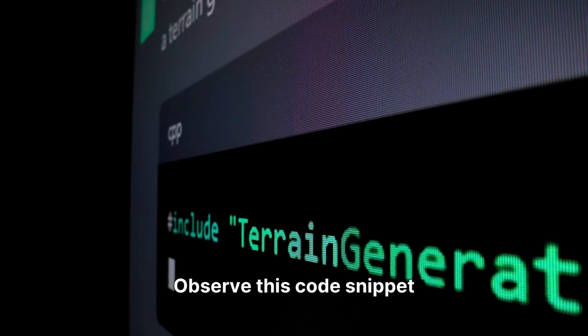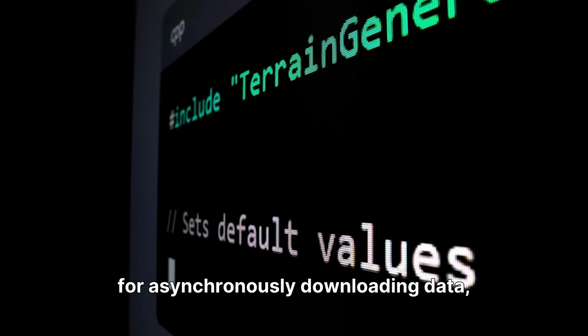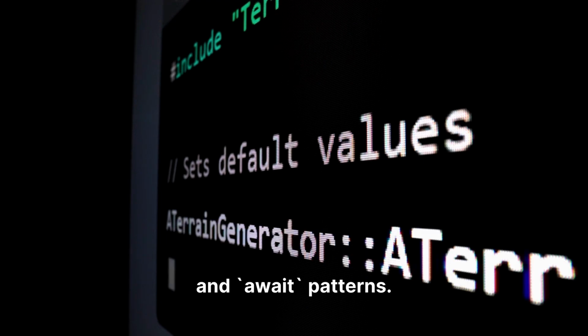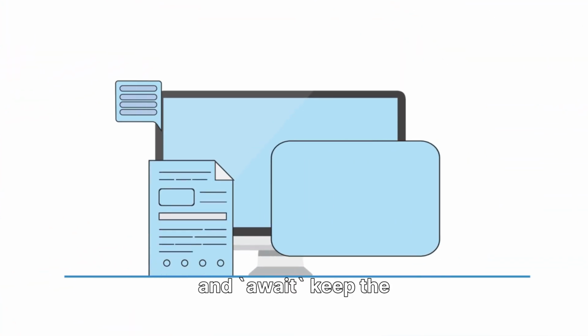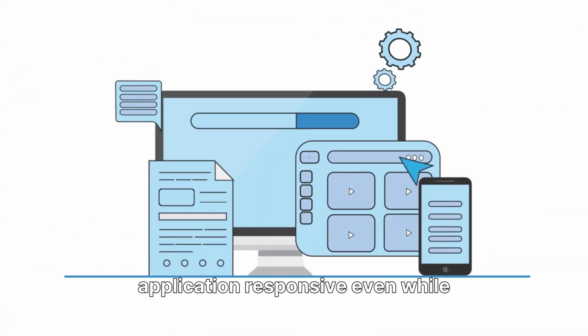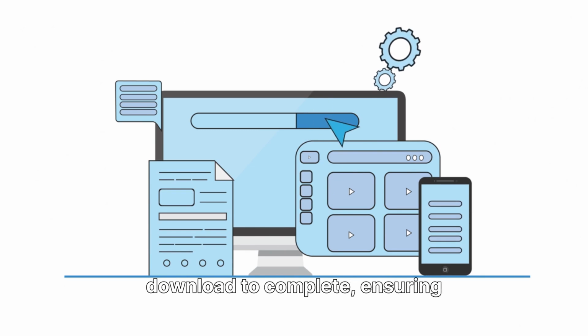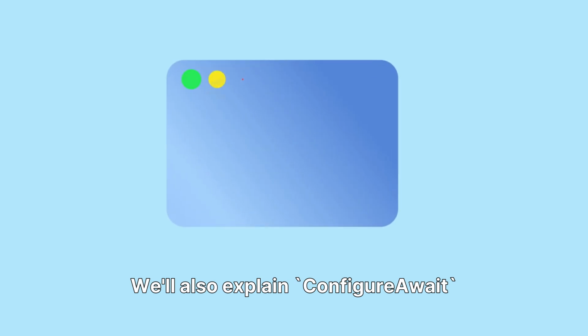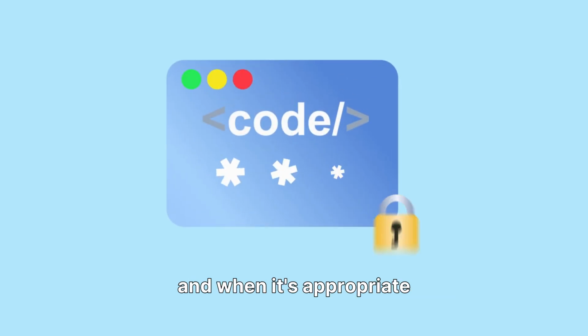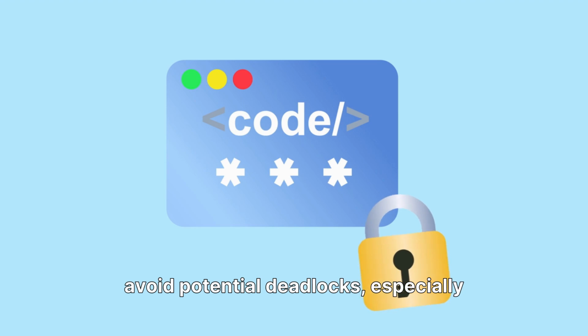Observe this code snippet for asynchronously downloading data, highlighting the key async and await patterns. This demonstrates how async and await keep the application responsive even while waiting for the data download to complete, ensuring a fluid user experience. We'll also explain ConfigureAwait and when it's appropriate to use it to avoid potential deadlocks, especially in library code.